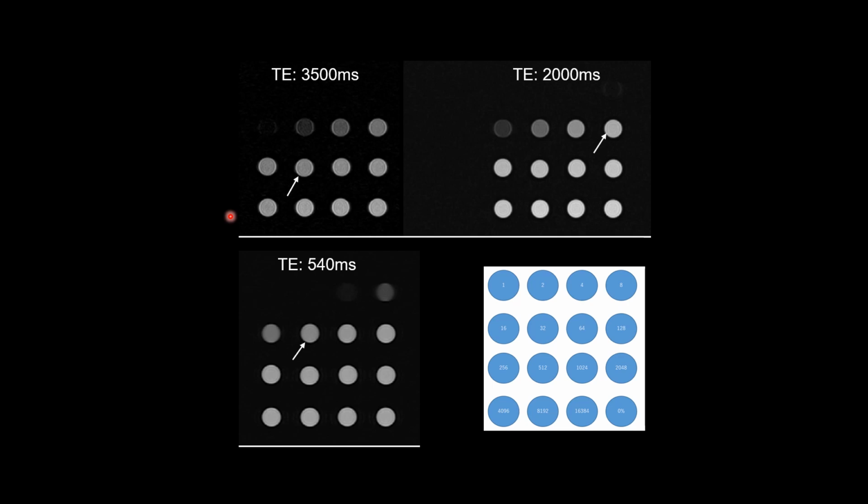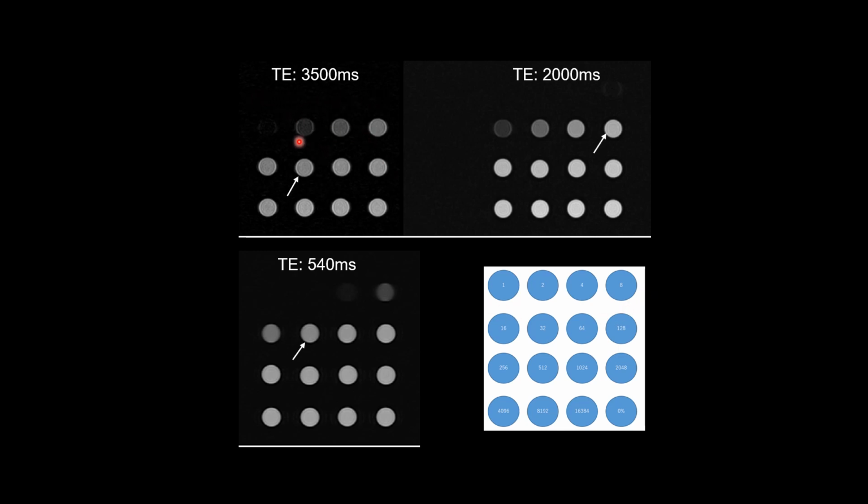First, we did a phantom study, and we need a very long echo time to visualize the low concentration O17 water. This is a serially diluted phantom, and this is 2-fold dilution, 4-fold dilution, 8-fold dilution, and these rows are black.